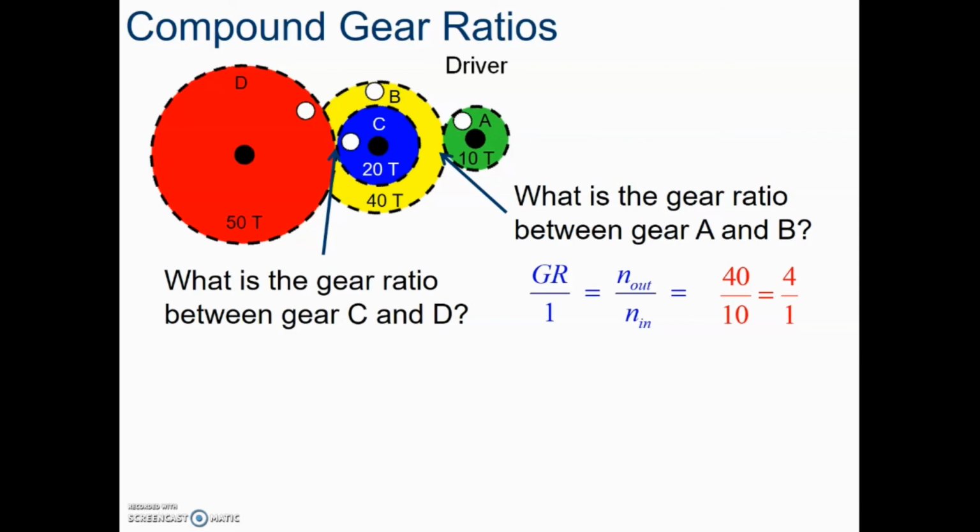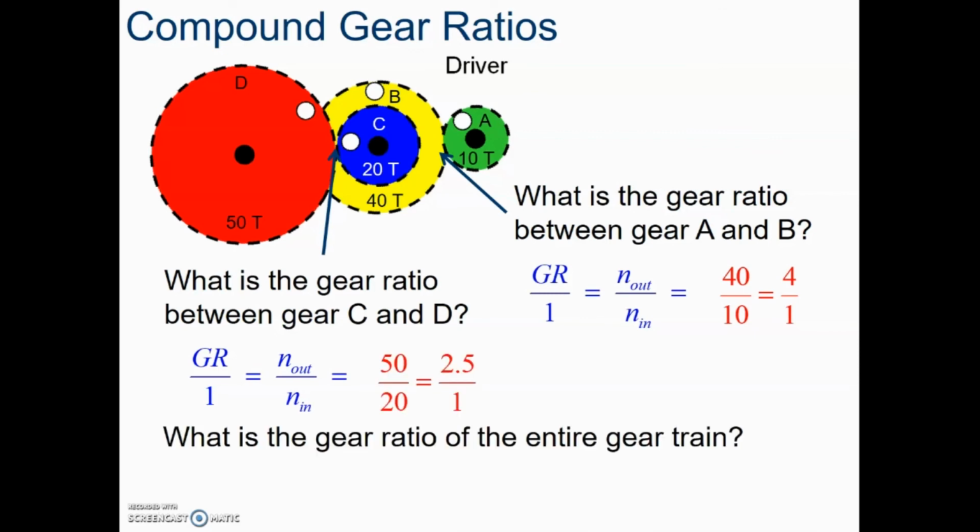I'm skipping any gear ratio between B and C because they are not meshed together. But I do want to find the gear ratio between gears C and D. So let's go ahead and do that according to kind of the direction of my force. My input is going to be C. My output is going to be D. So I can make sure that my calculation looks similar to that. So we have a gear ratio of 2.5.